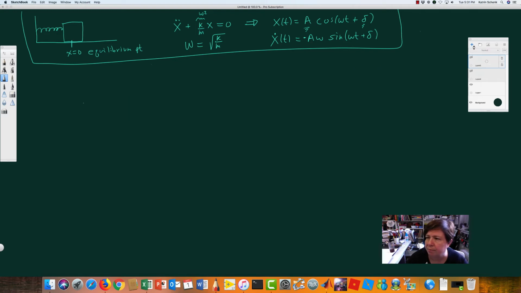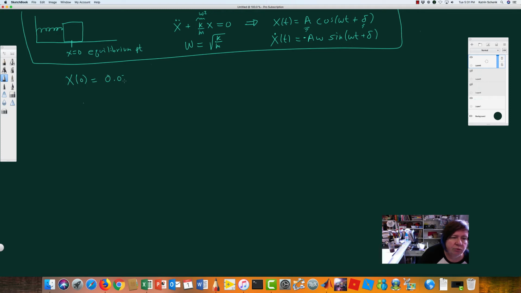Let me get another layer. Again, I'm not going to solve the whole thing. So let's look at the initial condition where we have x at 0 equals 0.02 meters, and x dot at 0 be our familiar 3 meters per second. So what is this situation? It's where the block is out here at 0.02 meters and moving that direction.